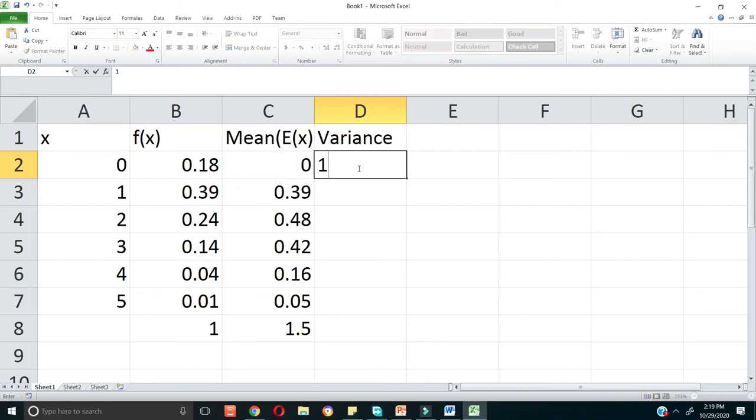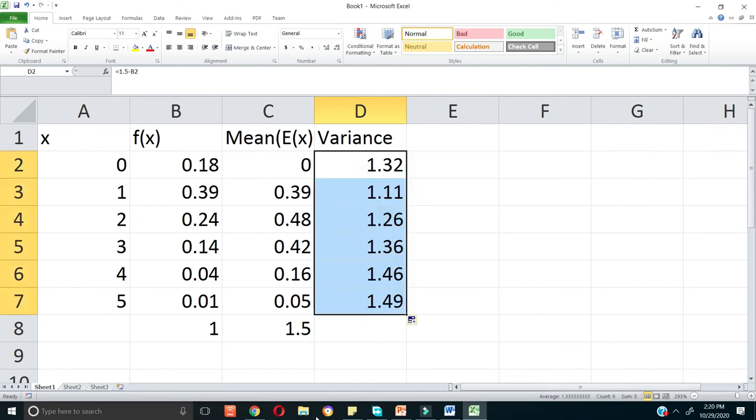So it's basically going to be 1.5 minus that value, minus this value.